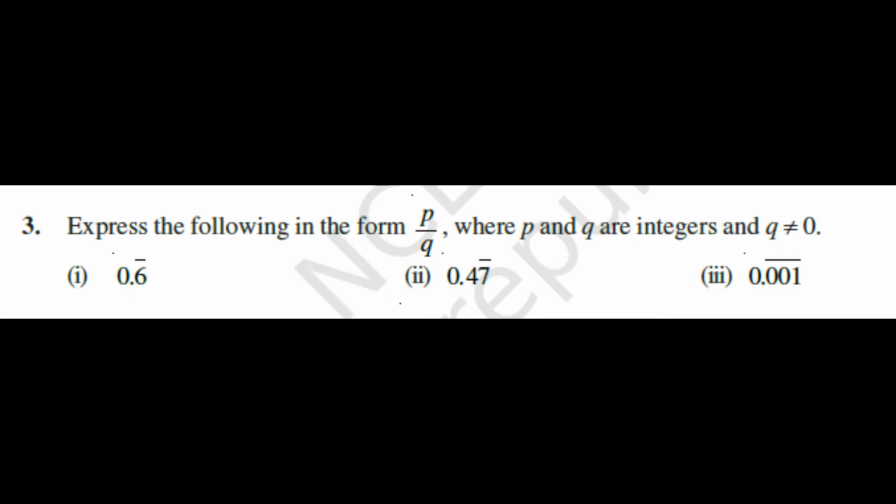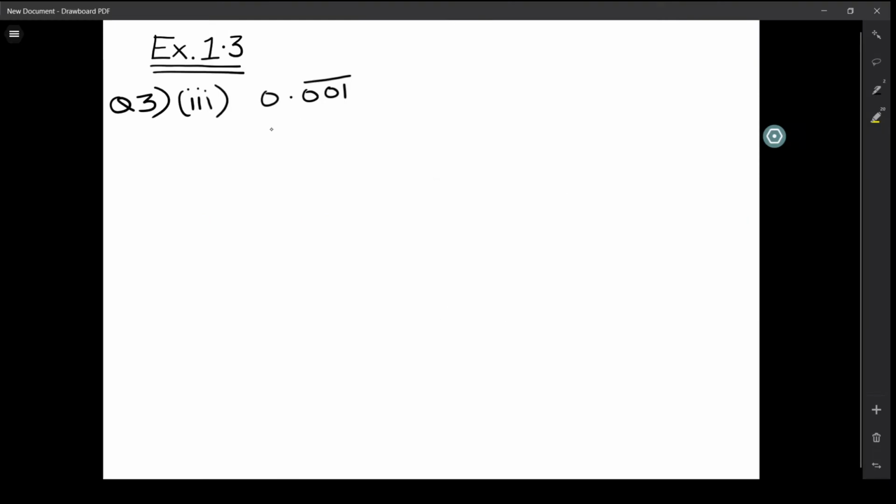Now the third part of this question is 0.001 with the bar over 0, 0 and 1. Here, same procedure. We'll assume this number to be x. However, over here, I'm going to multiply the number x by 1000. And why is that? I want to capture this entire decimal period.